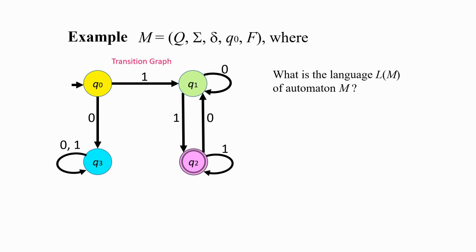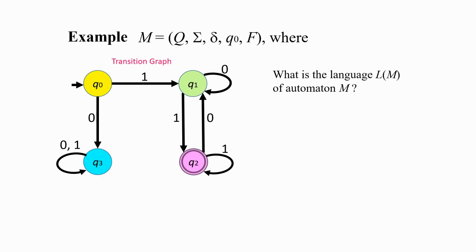So go back to our example. What is the language LM of this automaton M? Now we are going to list some of the words accepted by this automaton, starting from the shortest one.